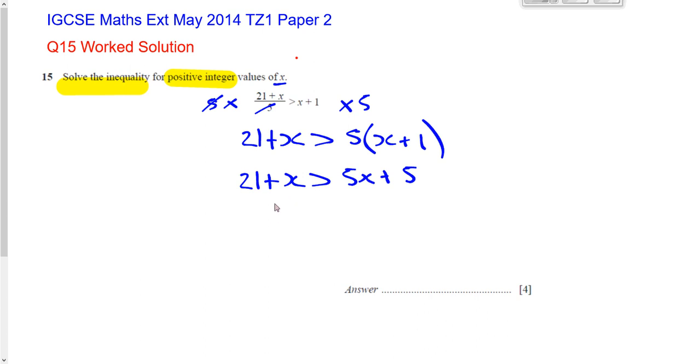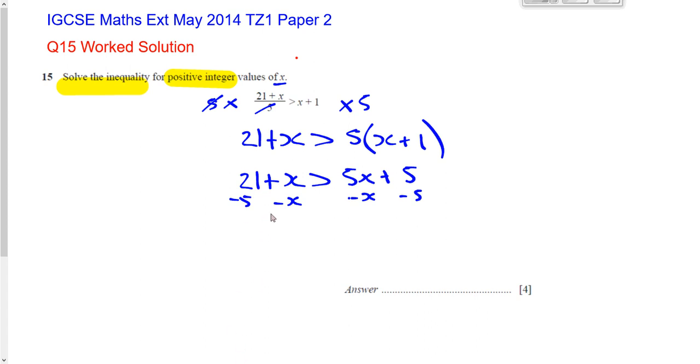So I'm going to minus x on this side. Now remember, whatever I do on one side, I need to do on the other, so I'm going to minus x on this side. And I'm going to get rid of this 5 here because I'm trying to isolate that x. So I'm going to minus 5 on this side, and that means I'm going to minus 5 on this side as well.